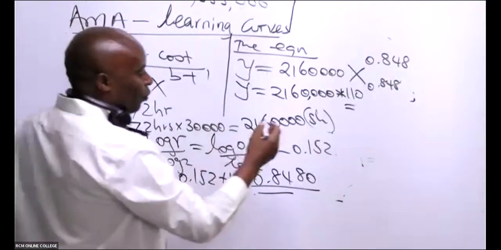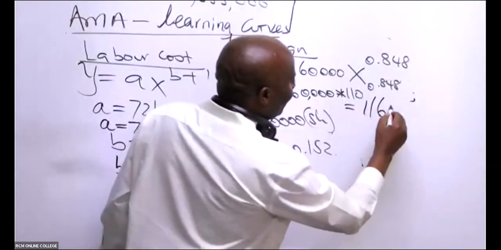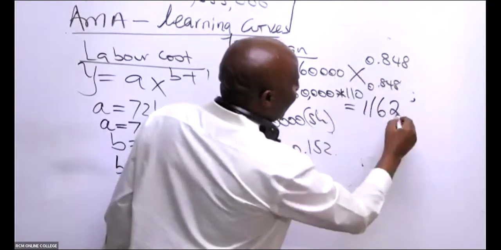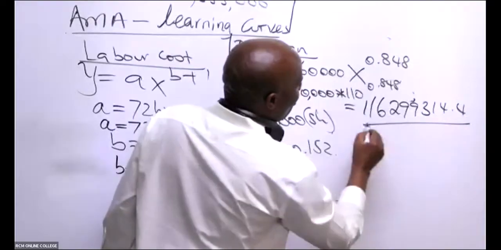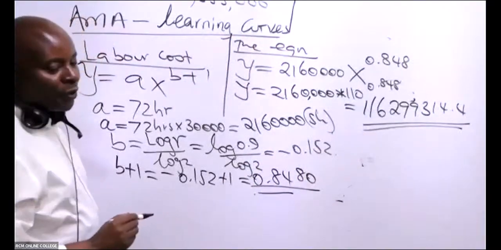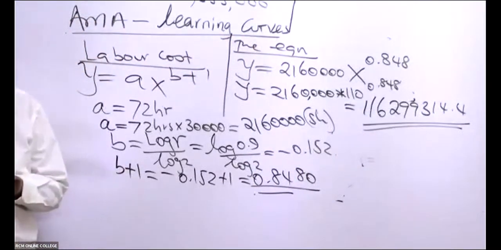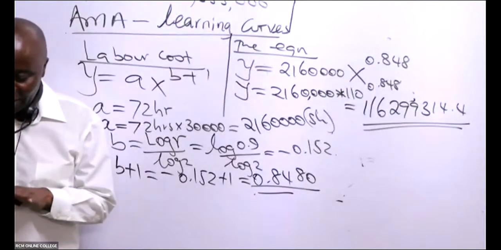I'm being given a figure of 116,299,314.4. So now with my method, I've been able to get the labor cost directly like that.